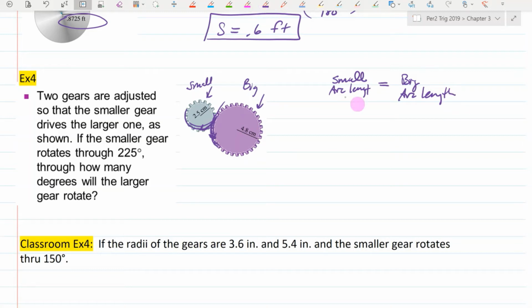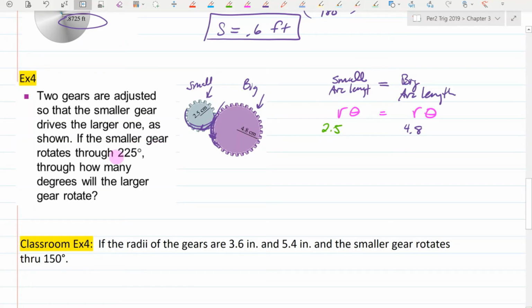So each arc length has its own formula, which is R theta. For the small one, we have a radius of 2.5. For the big one, we have a radius of 4.8 centimeters.